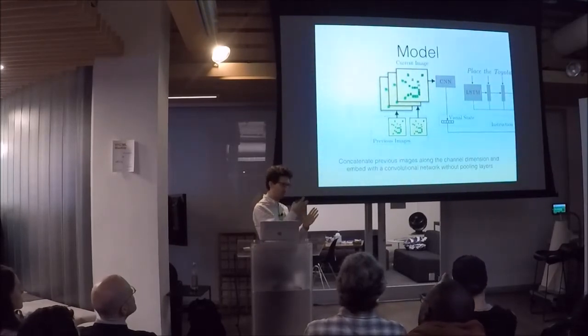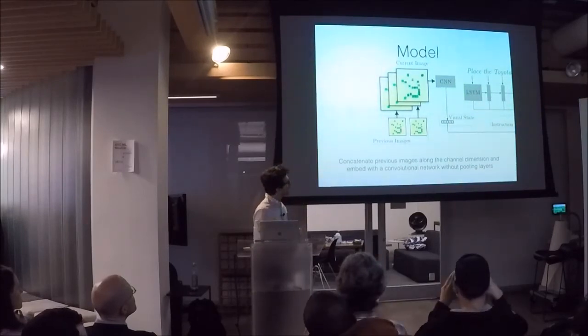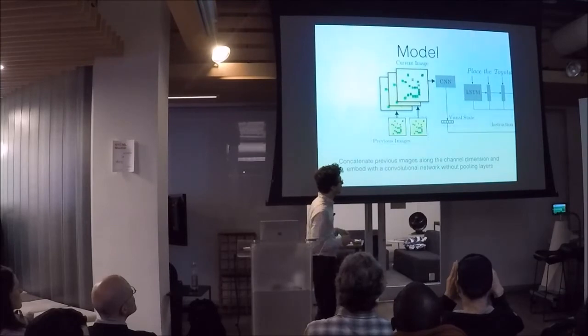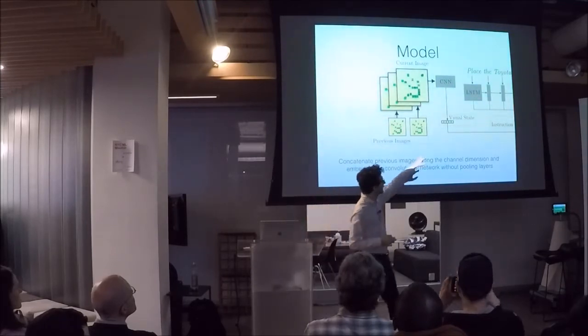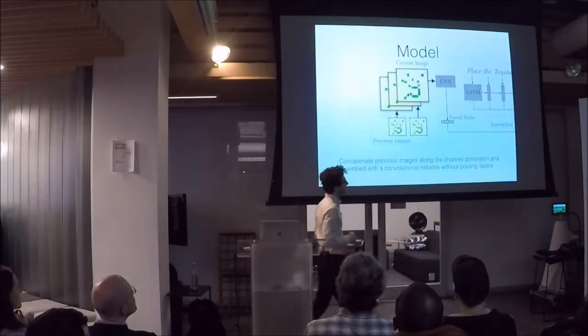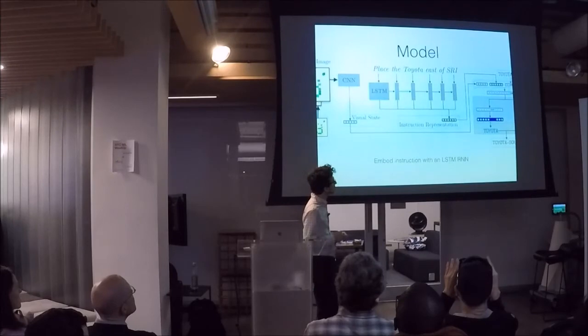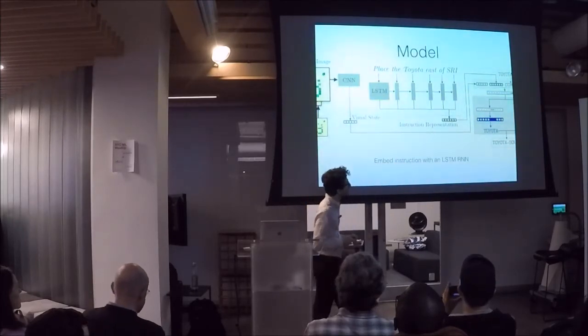So the agent sees previous images. For those familiar, we concatenate along the channel dimension and put it through a convolutional neural network to get an embedded representation of the visual state. For the language, we do something very simple. We just put it through a long short-term memory recurrent neural network to get a representation of the instruction.